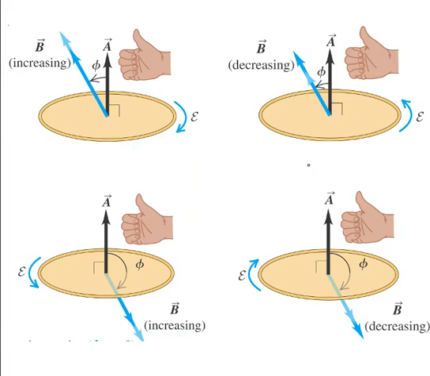One last example. So what we've got now is just as before, the flux is negative, but it's getting less and less negative with respect to time, right? So if I were to make a plot of the flux versus time, it's negative, but it's getting more and more small because the magnetic field is decreasing.